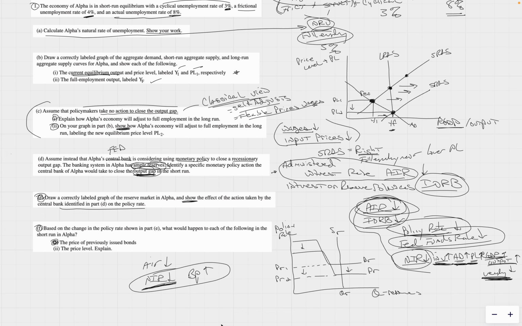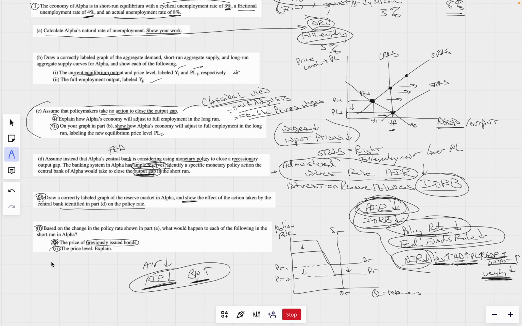And remember, they are saying previously issued bond prices. So we're not going to go too deep into that, but previously issued old bonds, their prices are going to go up. Let's not go into that because it can take quite a while to explain, and I don't think we need to do that.